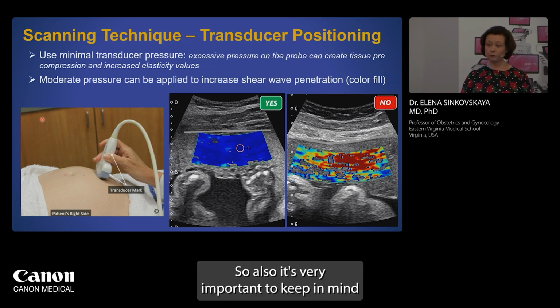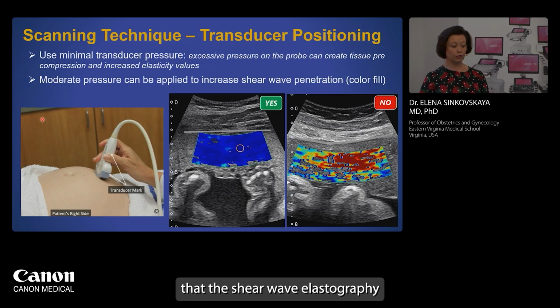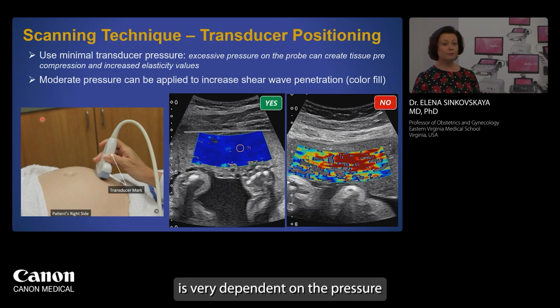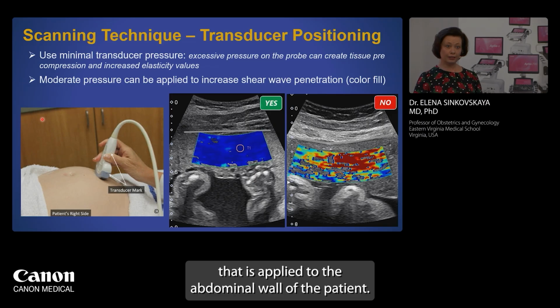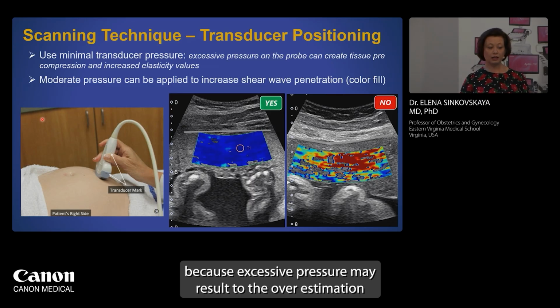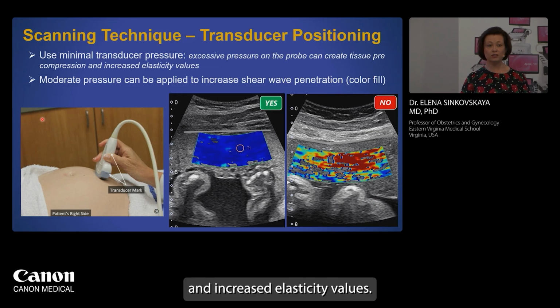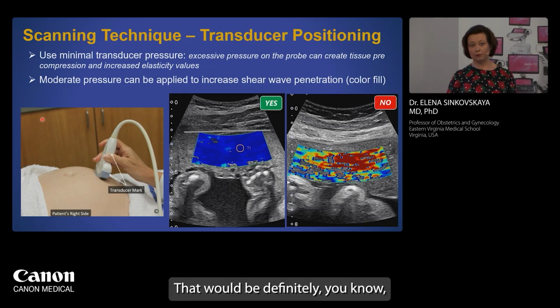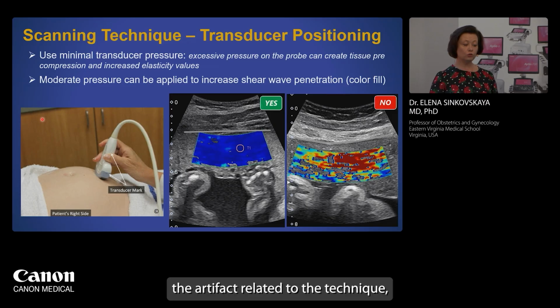It is also very important to keep in mind that shear wave elastography is very dependent on the pressure that is applied to the abdominal wall of the patient. So use minimal transducer pressure, because excessive pressure may result in overestimation and increased elasticity values. That would definitely be an artifact related to the technique.